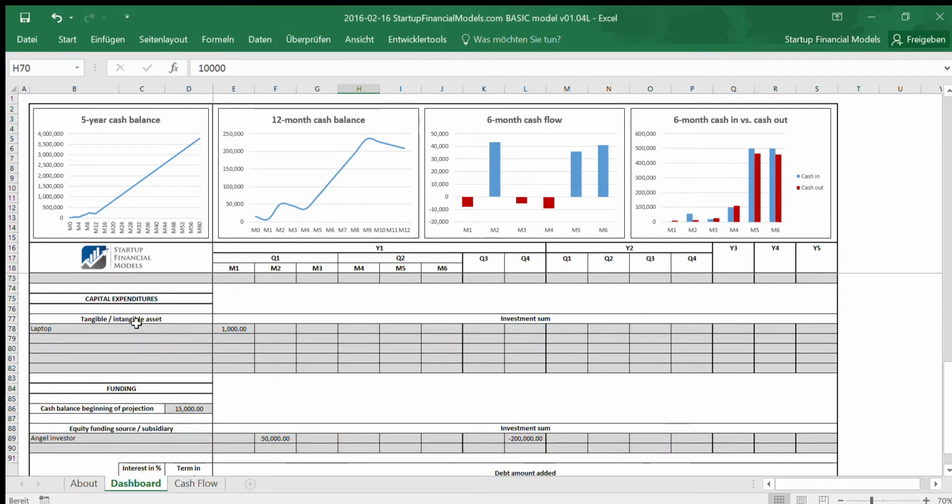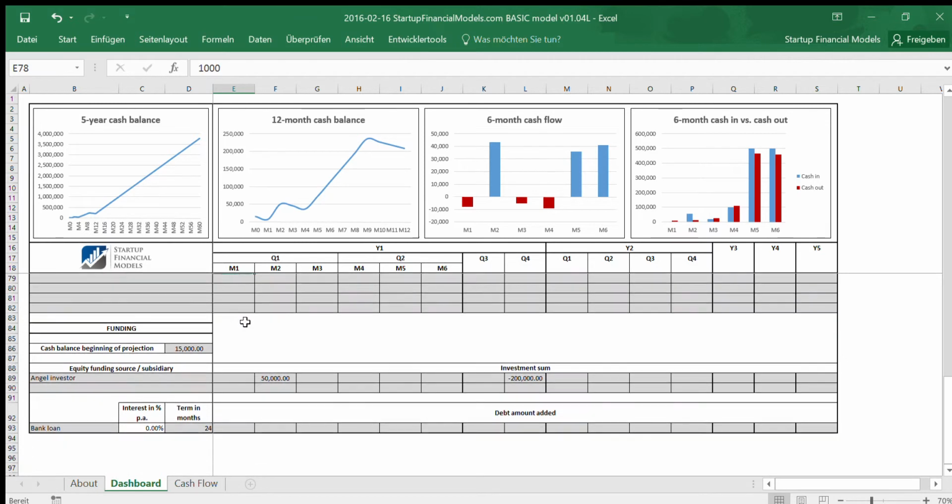And then there's capital expenditures like a laptop, and as you can always see, you can always change this in the gray area. You shouldn't change anything else, only the gray fields. So when we say the laptop costs 1,000 euros, and we buy it in month 1, and then we say the founder has like 50,000 of his own funds in the beginning as a cash balance for the company.